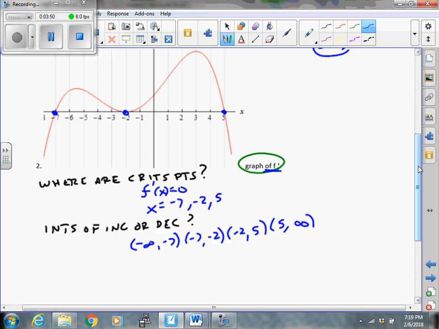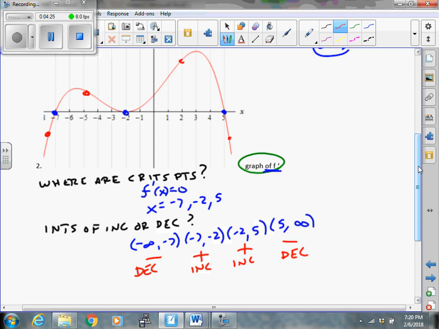Now I need to pick a number between negative infinity and negative 7, and I pick a number somewhere down here. That's definitely a negative number. Pick a number between negative 7 and negative 2. That's clearly positive. I pick a number between negative 2 and 5, positive, because these are the derivatives. And then any number above 5, I would get a negative number. So that means it's got to be decreasing here, increasing here, increasing here, and decreasing.